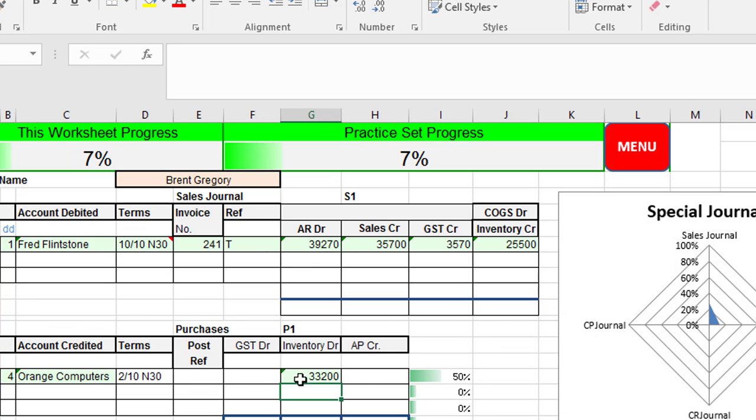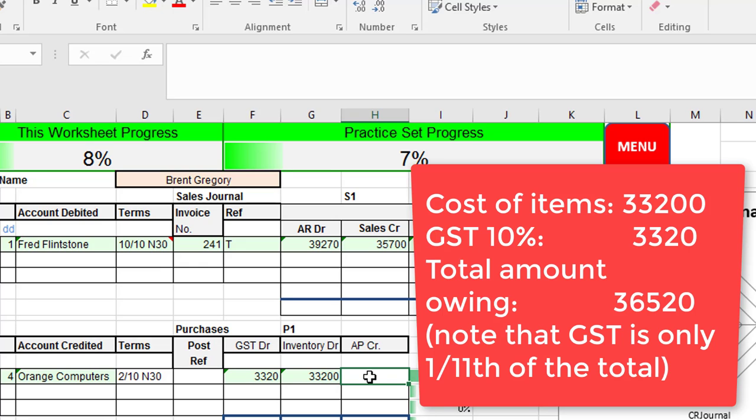33,200. Now we've got to add the GST onto that. We know the GST is 10%. We can divide by 10 or multiply by 10% or multiply by 0.1. So the accounts payable, what we're actually going to owe to Orange Computers, even though we only got $33,200 worth of computers, is $36,520.